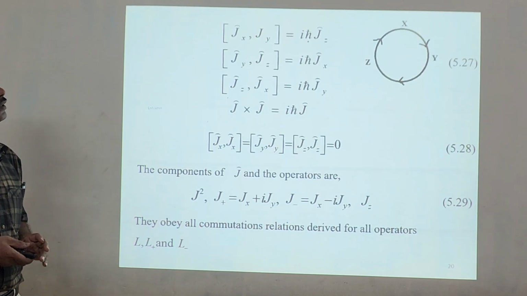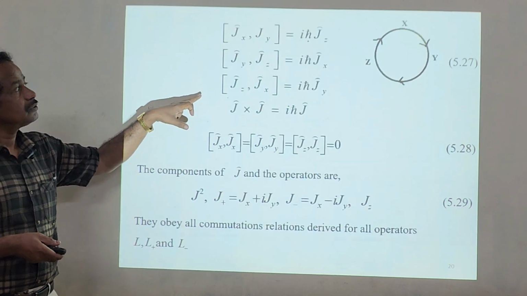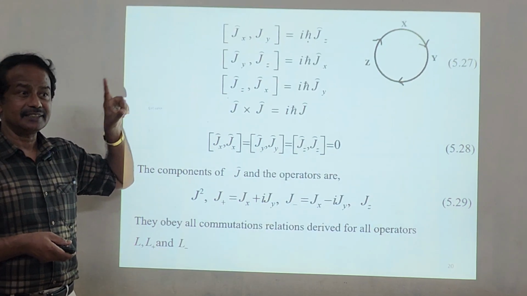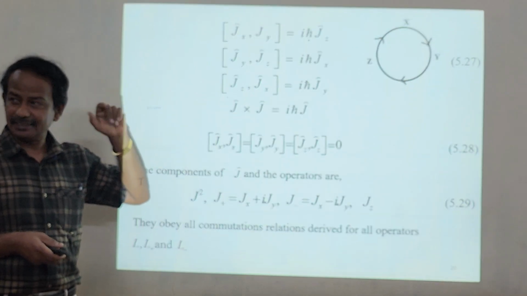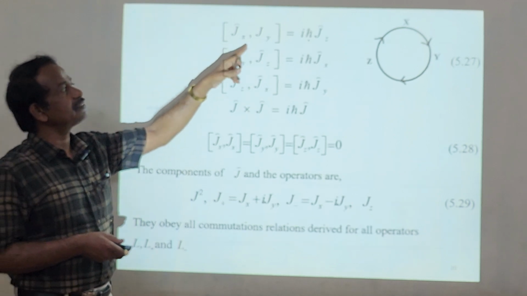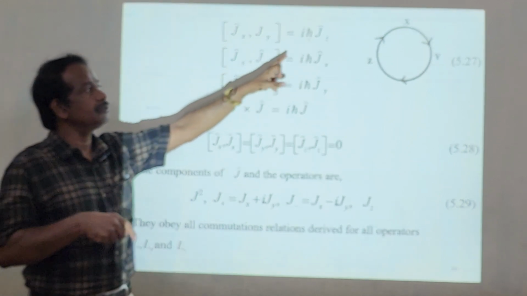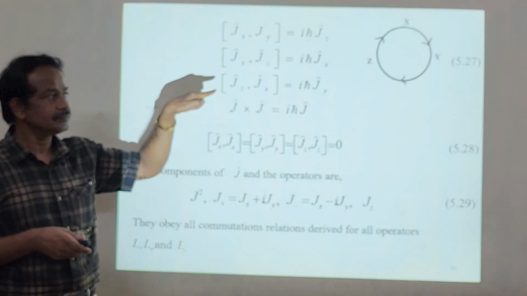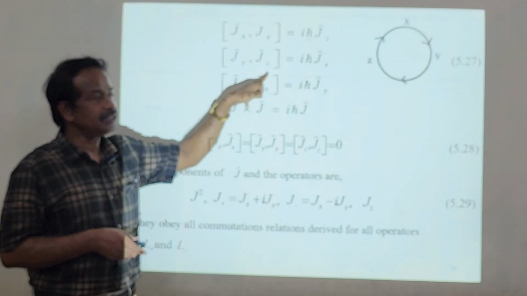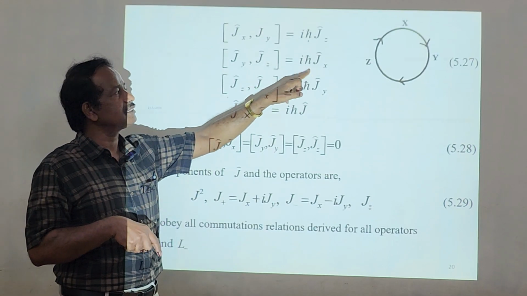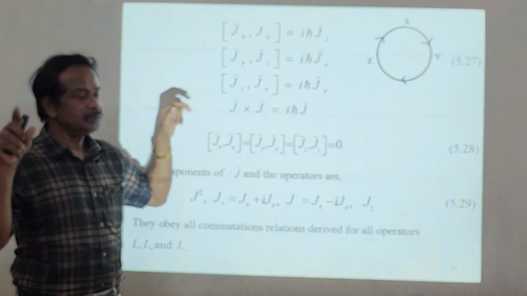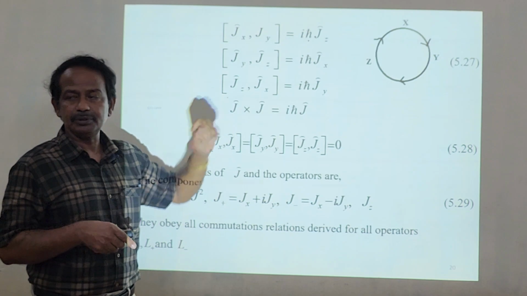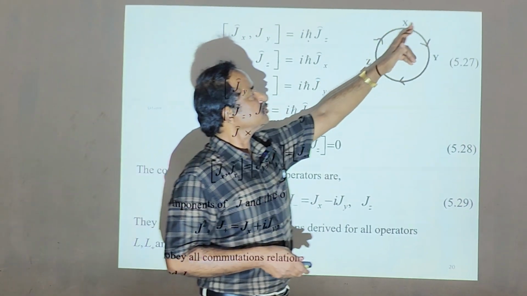So these are the commutation rules for J. We learnt about Lx earlier in the last class. The same thing: the commutator of Jx, Jy will give you i h-bar Jz, with the permutation rule which I said earlier. The commutator of Jy, Jz will give you i h-bar Jx. The commutator of Jz, Jx will give you i h-bar Jy. All positive quantities.